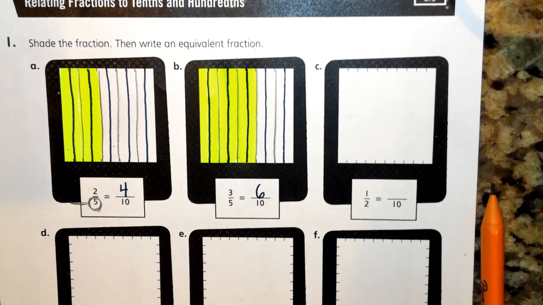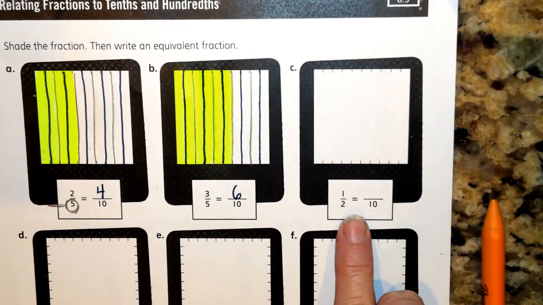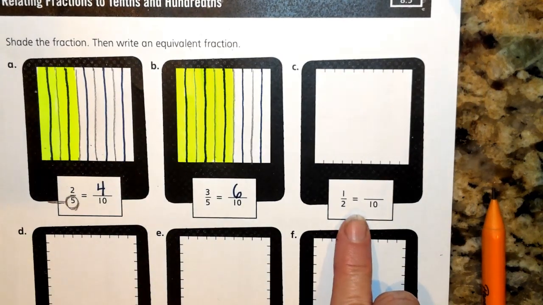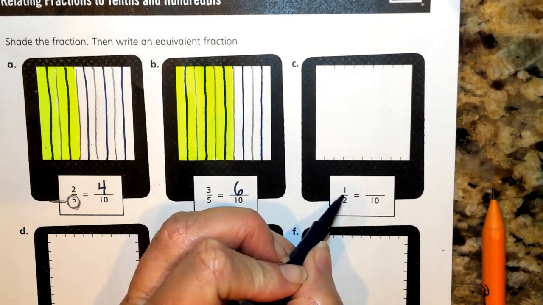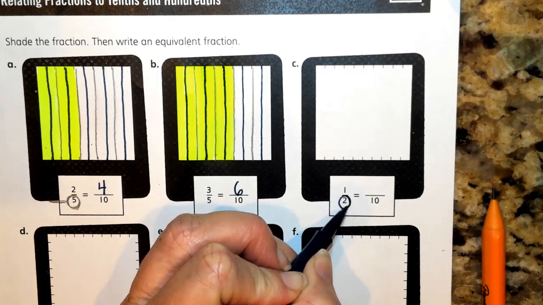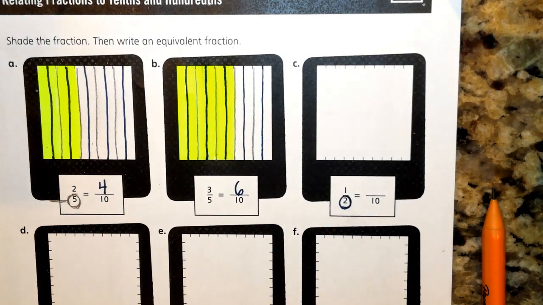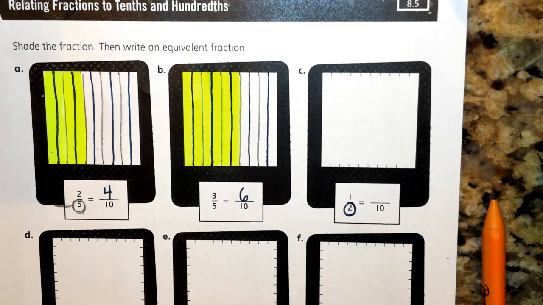Alright. And finally, we're going to look at Model C. Model C has the fraction 1/2. The first thing that I want to do is acknowledge that our denominator is 2. So I need to cut my model into 2 equal parts.